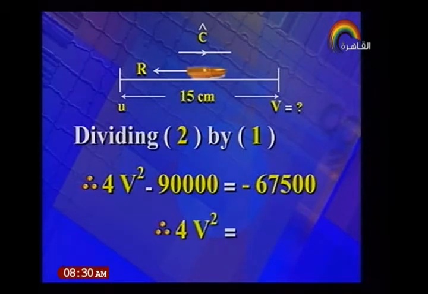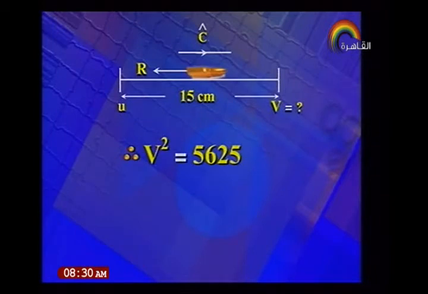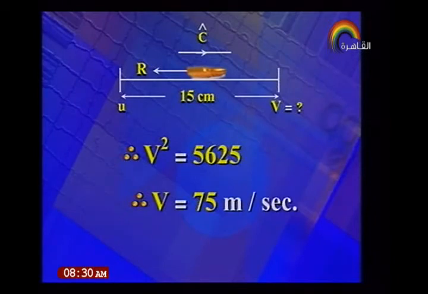After that, 4V² equals 22,500, divided by 4, and find the square root: V² equals 5,625. Then by using the square root, the velocity is 75 meters per second.